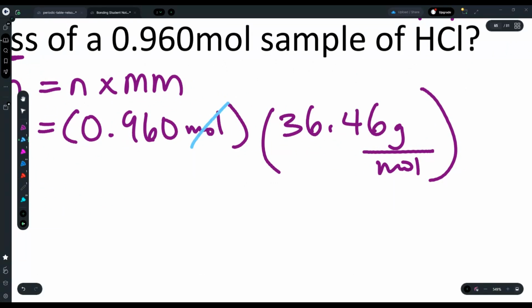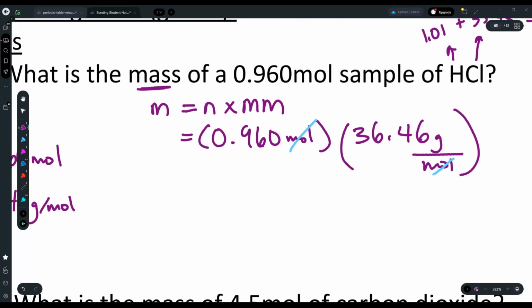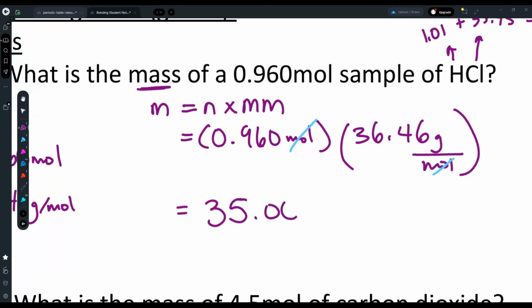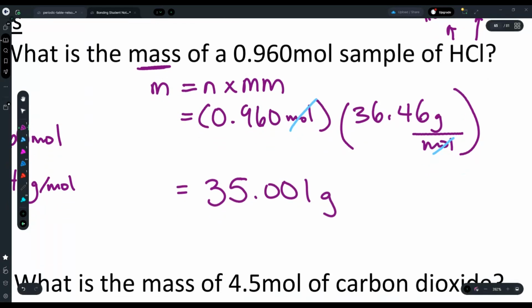So those are going to cancel out. And what I'm left with is grams. Okay, so if I multiply these 2 numbers, what I'm going to get is 35.001 grams.